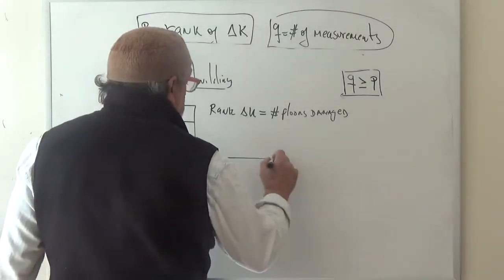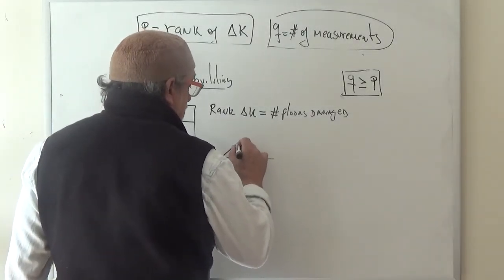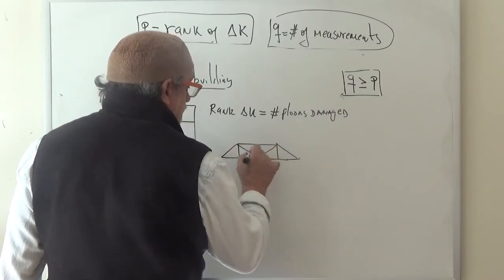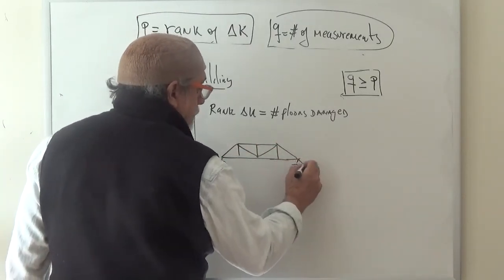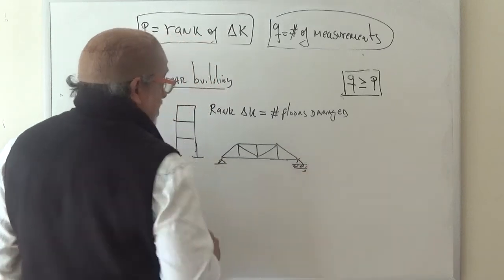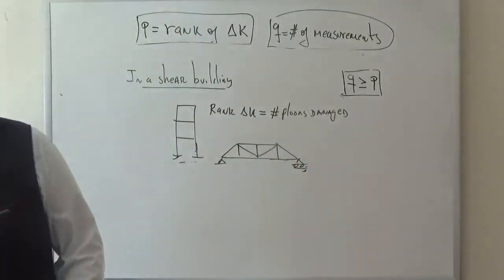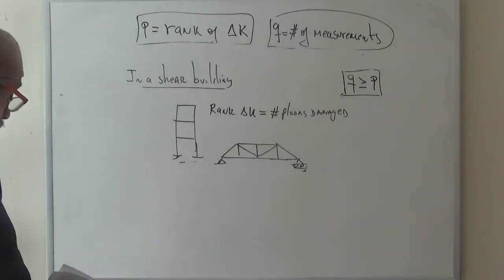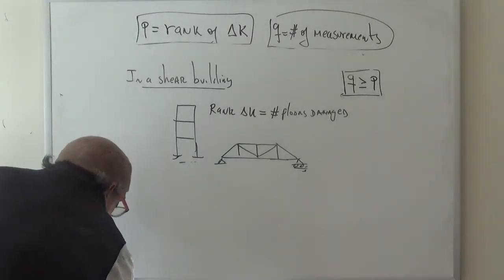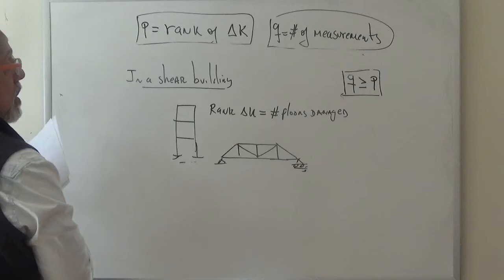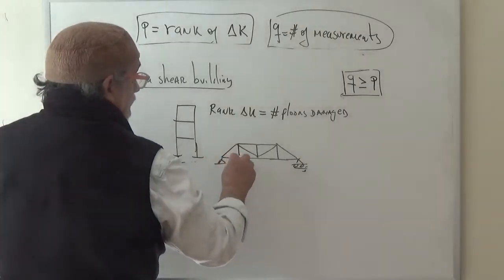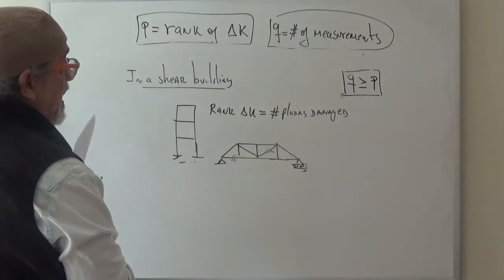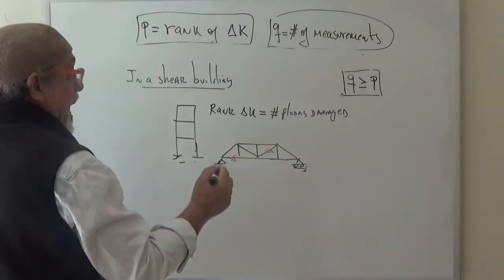In the case of a truss like this, for example, if you have damage, let's say on this bar, and that bar or something, and you say, what is the rank of delta K?